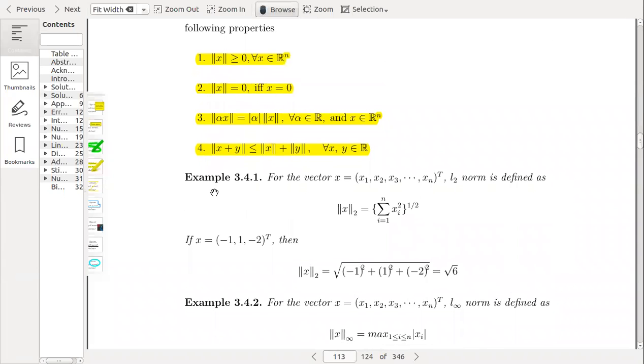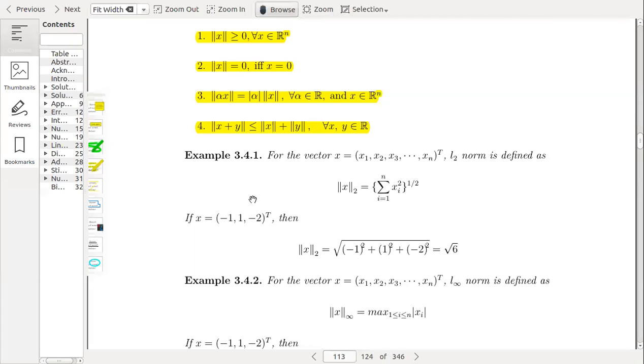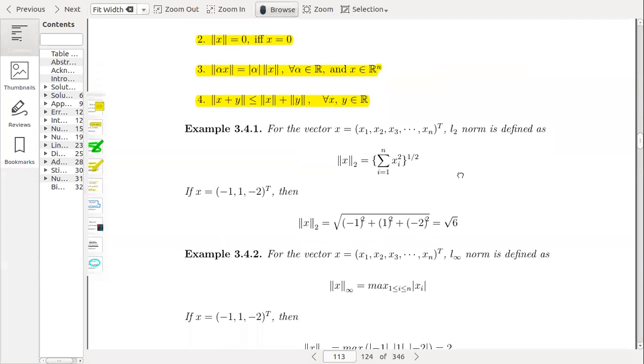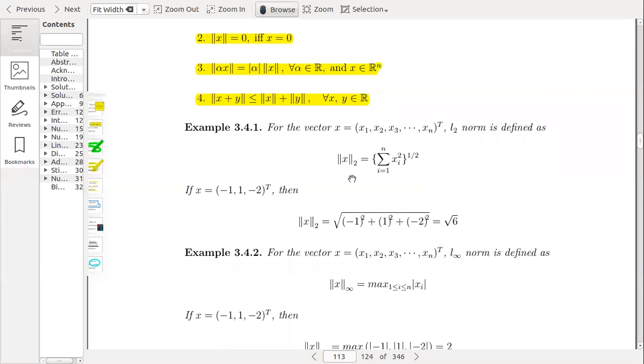Okay. So here is an example of how we can compute the norm. For example, for the vector x equal to x1, x2, x3, and so on up to xn transpose, the L2 norm is defined as the norm of x subscript 2 is equal to the summation i equal to 1 to n of xi square, whole to the power 1 by 2.